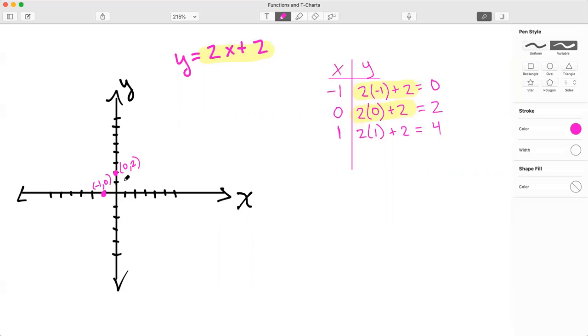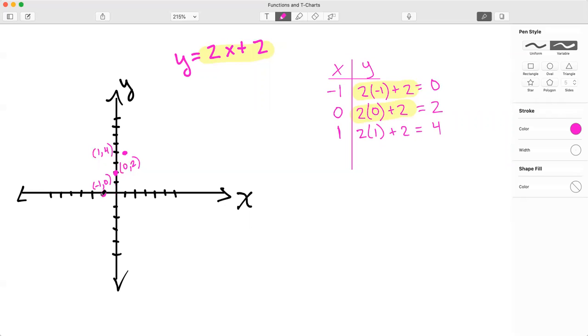And when we have 1 for x, we have 4 for y. So 1 over, and then 1, 2, 3, 4 up for y. That's (1, 4) for that point right there.